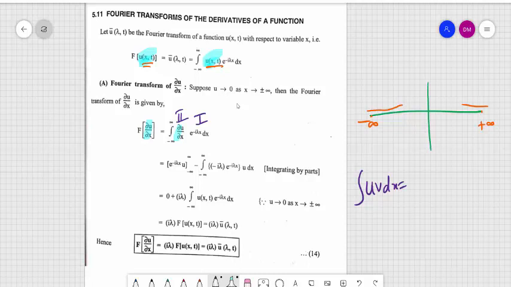Then the integration of the product of u and v, suppose u is the first function, v is the second function: u as it is, integration of the second function, minus integration of, here we have to make the square bracket, derivative of the first function, that is u dash, the derivative with respect to x, into integration of the second function, here again dx is required.